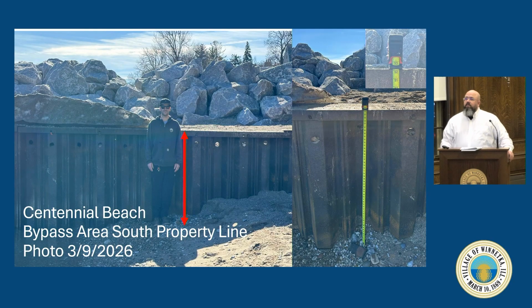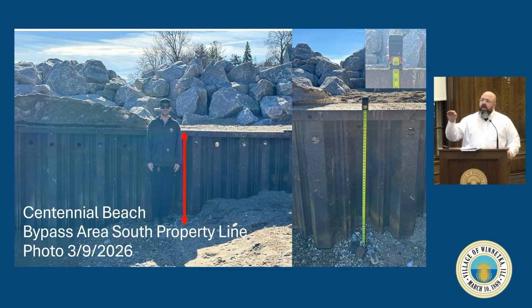These are photos from this morning. We went down there and took some measurements. This, where the parks gentleman is standing, is directly in front of where the access stairs are that were integrated as the natural stone steps for somebody to continue walking the shoreline. So this is the south structure of Centennial, and this is the existing steel structure there.